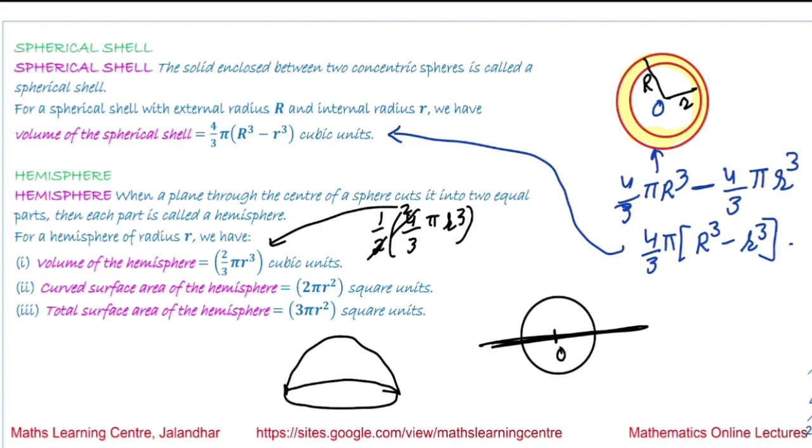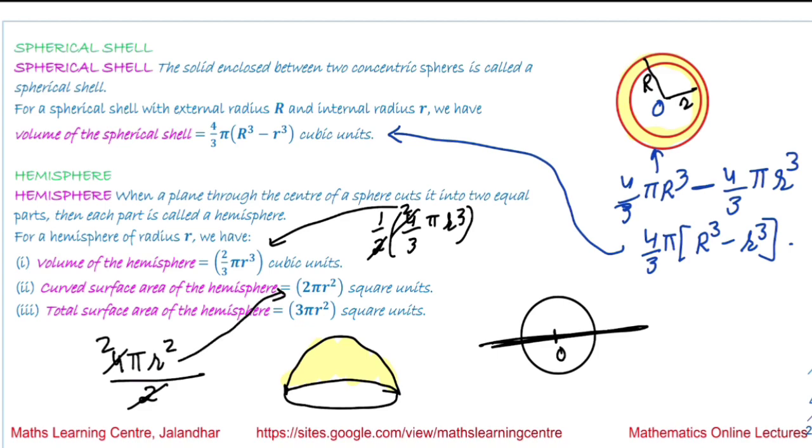Curved surface area of the hemisphere means we are talking about this area. The area of the whole sphere was 4 pi r square. Now the area of the hemisphere is divided by 2, so it is 2 pi r square.